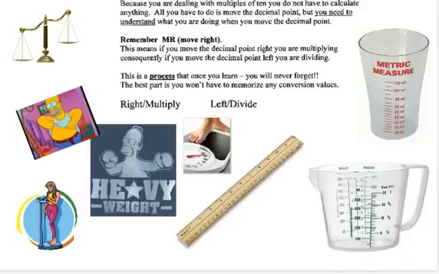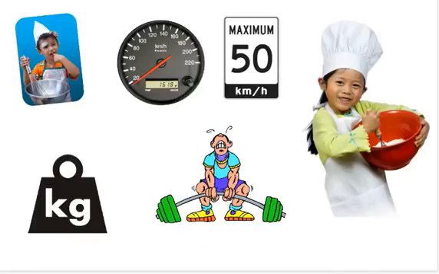Because you're dealing with multiples of 10, you do not have to calculate anything. All you have to do is to move the decimal point or the dot. But you need to understand what you're doing when you move the decimal point. So when you move to the right, you will multiply, and when you move to the left, you will divide.